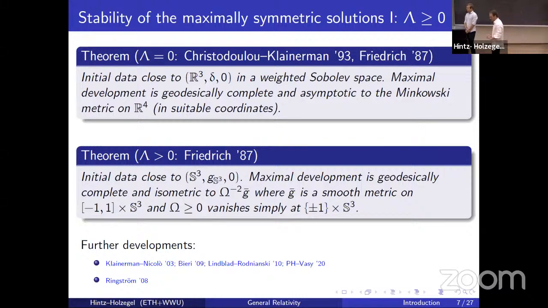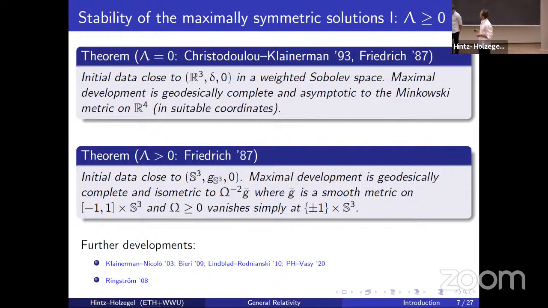Okay, so these are the maximally symmetric solutions for the various cosmological constants, and for lambda bigger than 0 and lambda equals 0, there are classical theorems regarding their stability. For lambda equals 0, we have the theorem of Christodoulou and Klainerman on the stability of Minkowski space, which states that if you start close to trivial data and you look at the maximal development, then it's geodesically complete and asymptotes to the Minkowski metric along any geodesic.